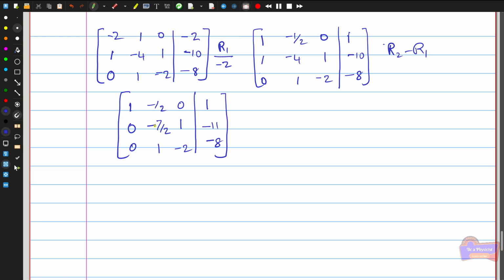In order to make the second element of the second row as 1, I am going to do another transformation, R2 divided by minus 7 divided by 2.